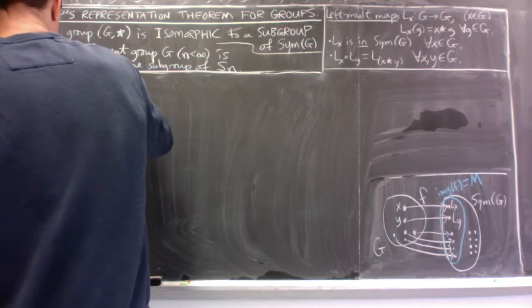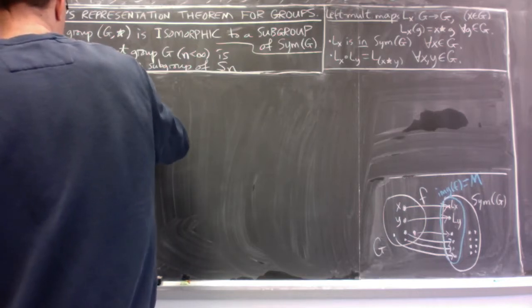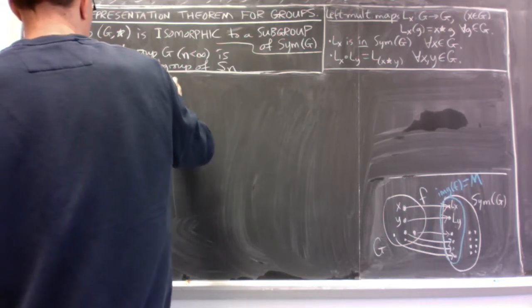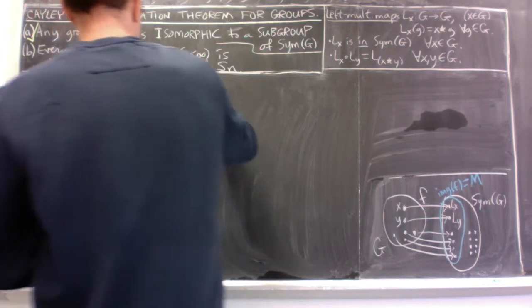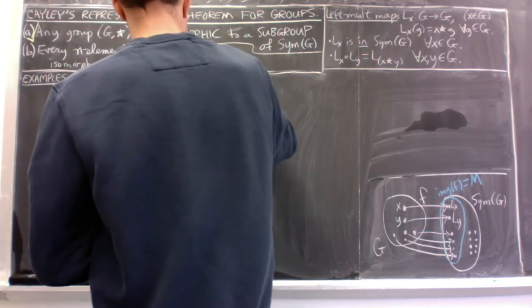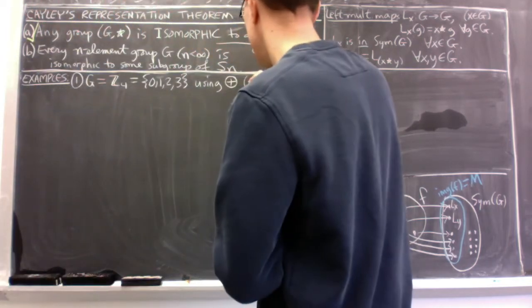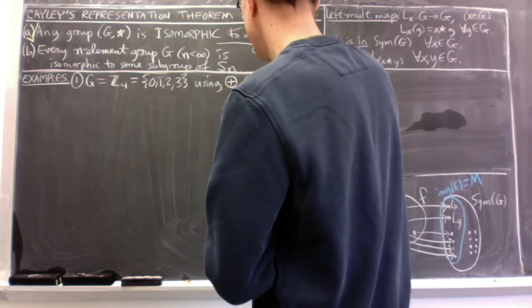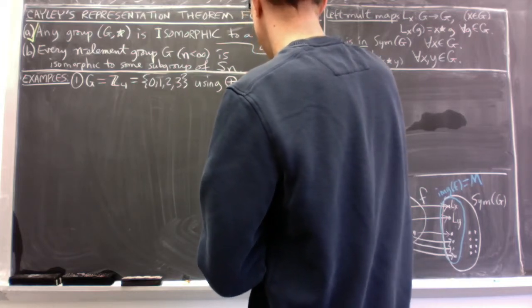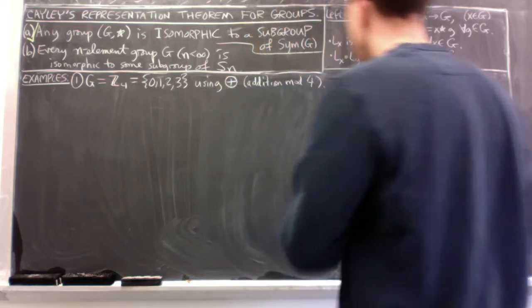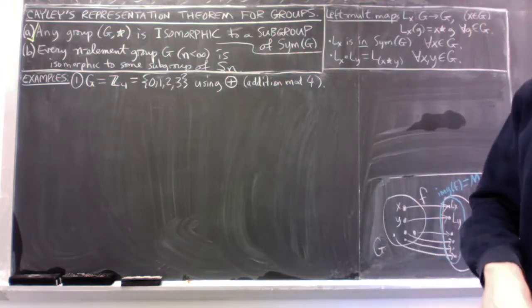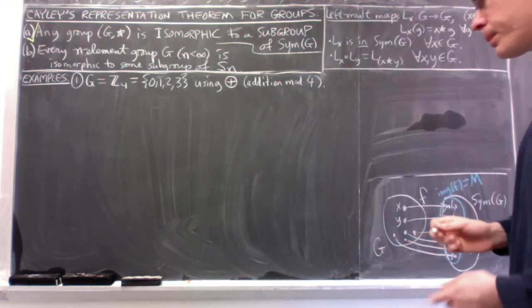So let's look at the integers mod 4, which is the set 0, 1, 2, 3, with a group operation. Okay, so it's addition mod 4, not multiplication. So left multiplication, you would call it a left addition map.